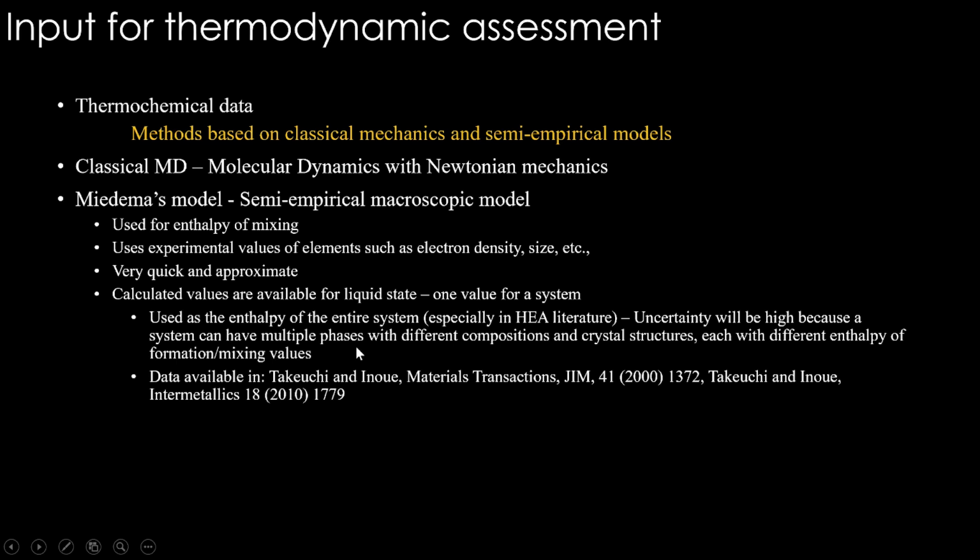Okay, intermetallics, when people use this to figure out whether an intermetallic will form or a solid solution will form, they use the liquid state enthalpy of mixing, which can be quite misleading. Okay, so uncertainty will be high because a system can have multiple phases with different compositions and crystal structures, each with different enthalpy of formation or enthalpy of mixing values. So it can be quite different from one to the other. So one particular value for the entire system is in a way quite absurd.